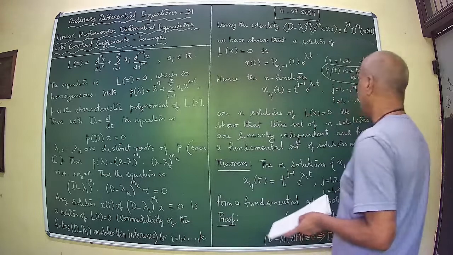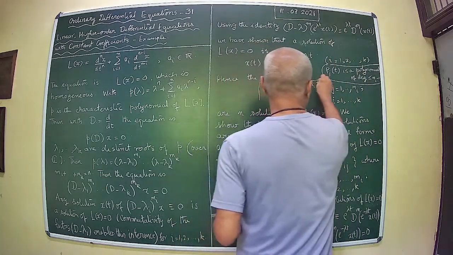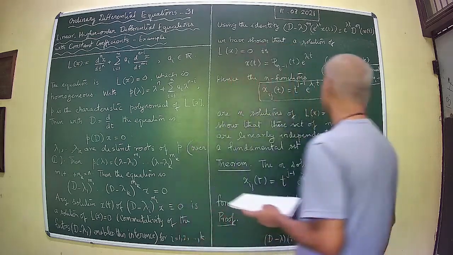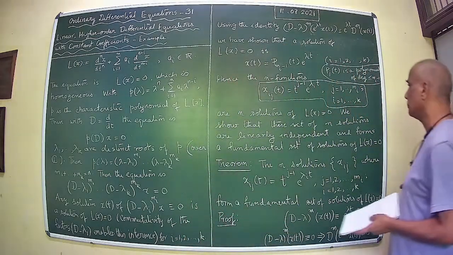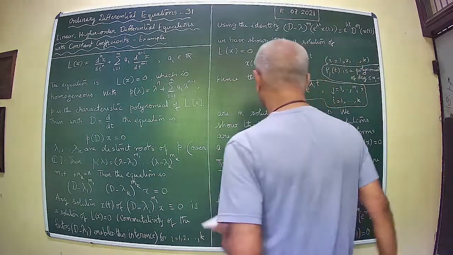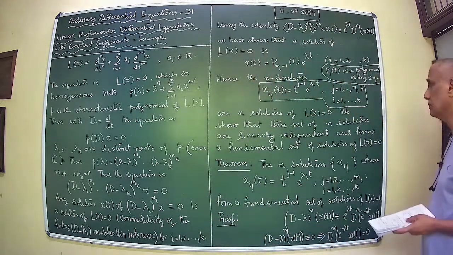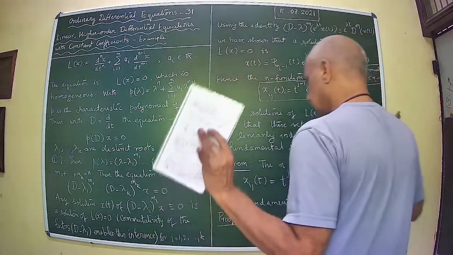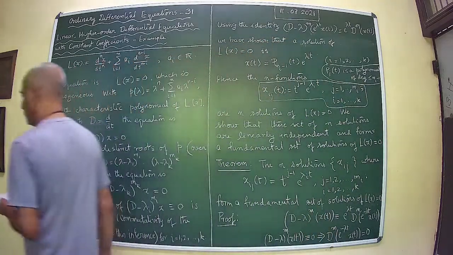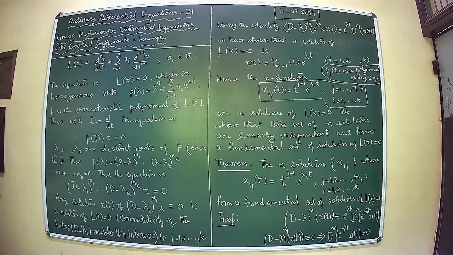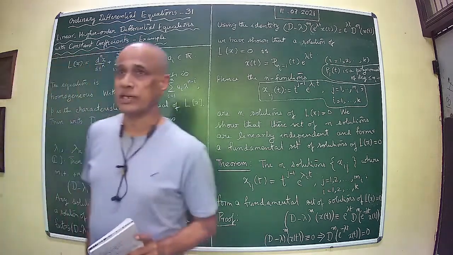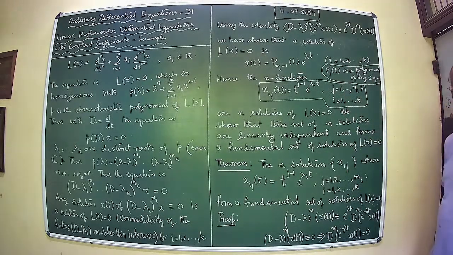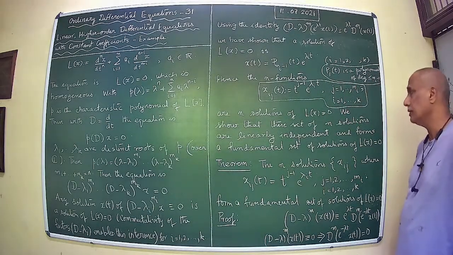And therefore now we introduce a set of functions. This is the block that we introduced, x_ij we define in this way. Then what the theorem says is that of all solutions of the equation Lx equal to 0, this set of functions form a linearly independent set, and there are n elements in this, and you know that the solution space of Lx equal to 0 has dimension equal to the order of L, which is equal to n.